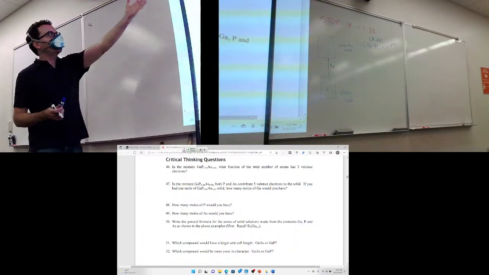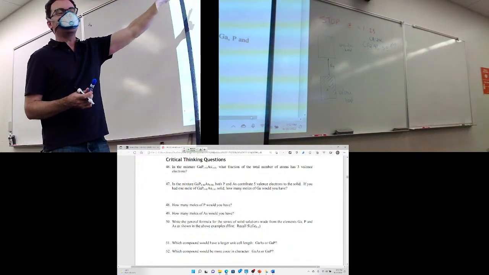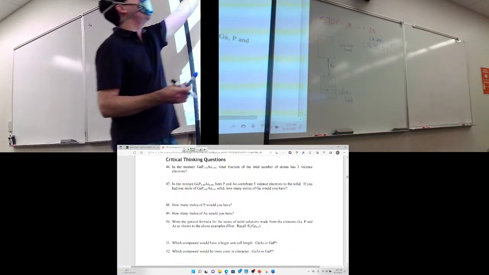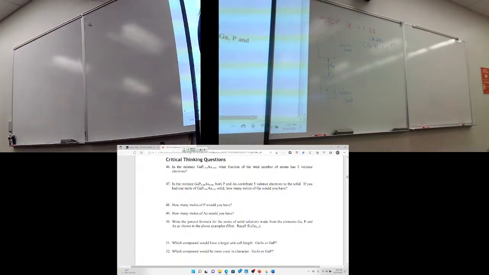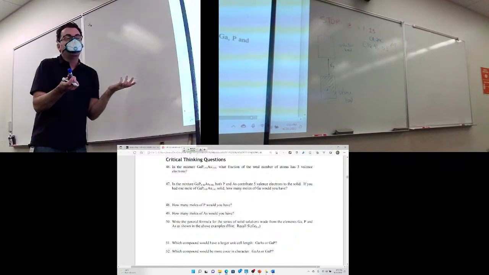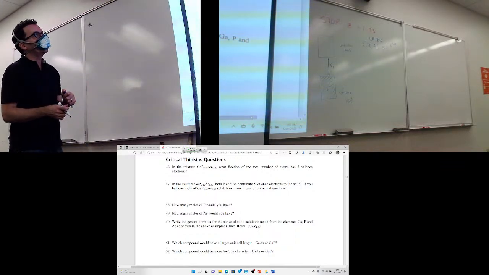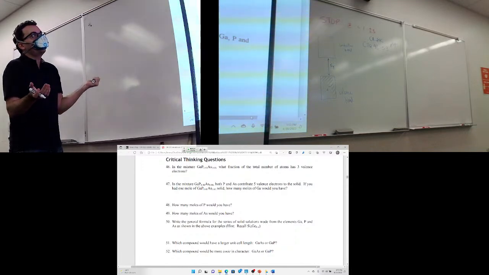So this formula, if you think about it, is still talking about 2 atoms, at least if you count the atoms. There's 1 gallium, and there is 0.4 of this phosphorus, 0.6 of this arsenic. That adds up to 1. So there's 2 total atoms. Only one of them has 3 valence electrons.